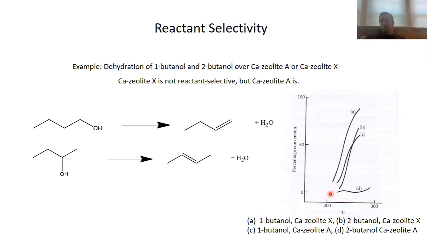Okay, so above 200 degrees, you see that we are getting significant conversion into the product, while for the 2-butanol, you see nothing happens at all. Okay, there's practically zero conversion up to a temperature of 300 degrees Celsius, and that's because of reactant selectivity, so the more bulky 2-butanol molecules cannot enter the pores.